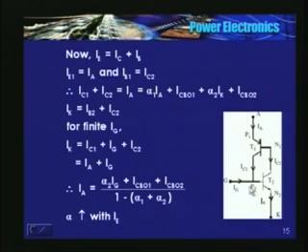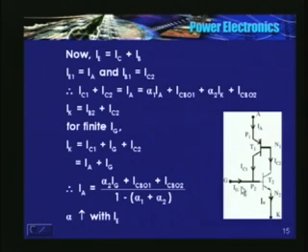What about transistor T2? Listen to me carefully here. What is IE? That is IK itself. It is the base current plus the collector current, IB2 plus IC2.